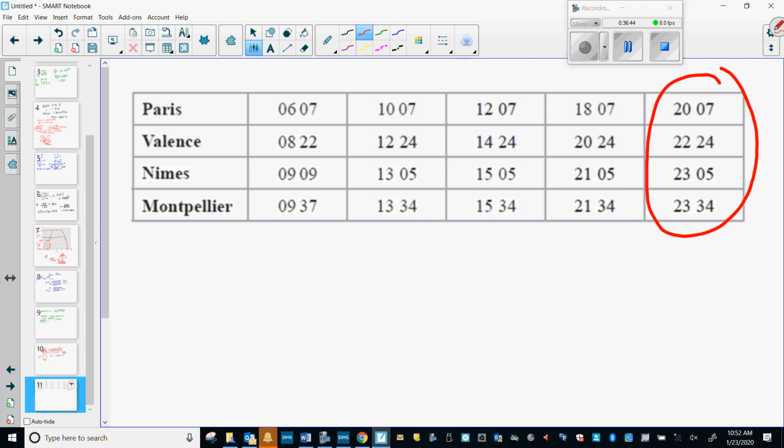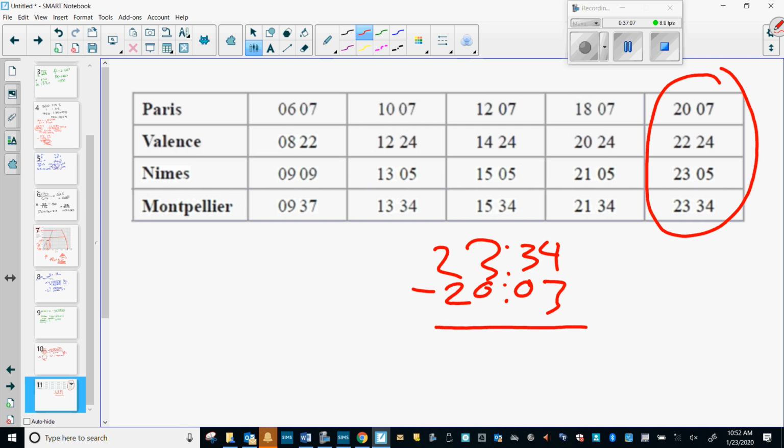First of all I worked out the time taken to get from Paris to Montpellier. I did 23:34 minus 20:07. That got me 3 hours and 27 minutes.